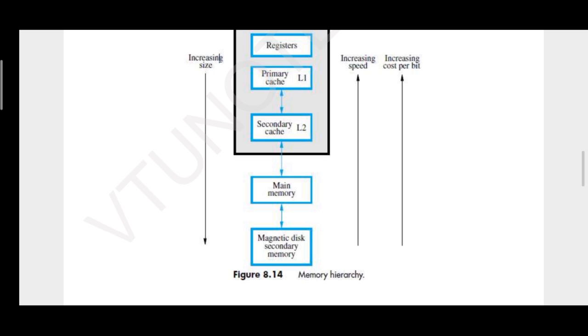As size increases, speed reduces, and cost also reduces. Cost per bit is less in secondary storage compared to primary memory as well as cache. So for even a small amount of cache you need to spend a lot compared to secondary storage.